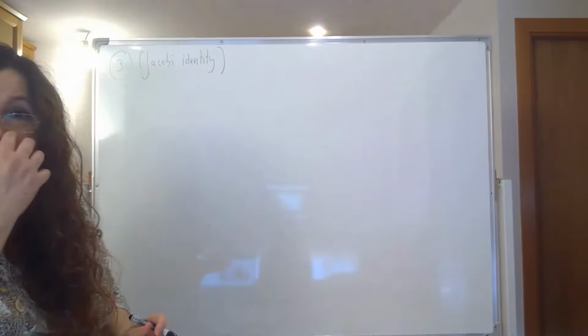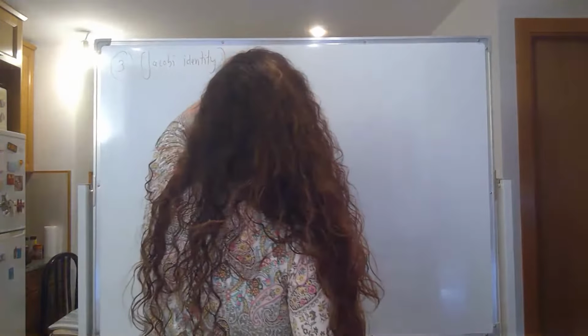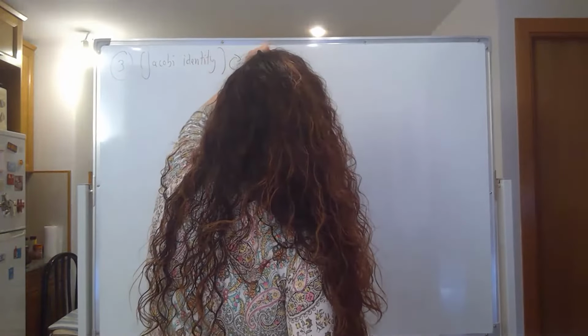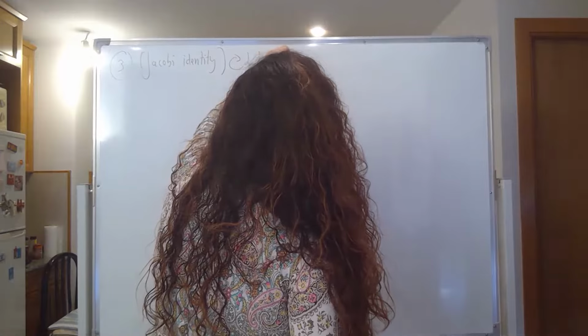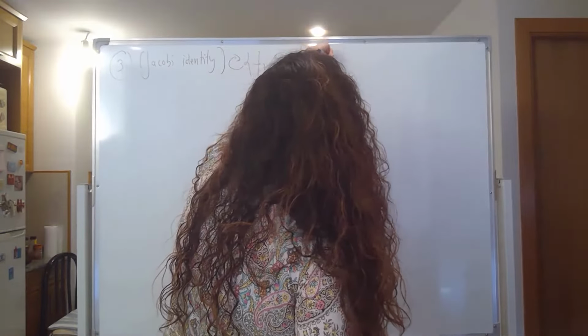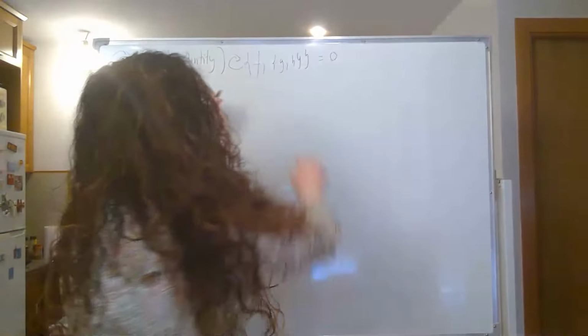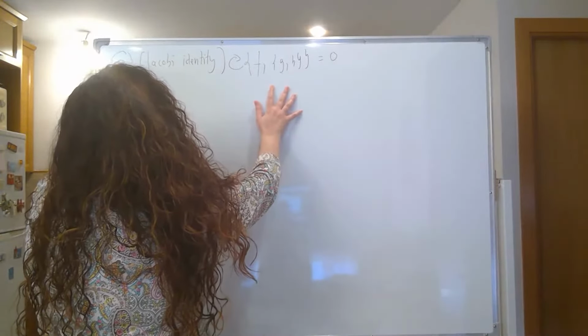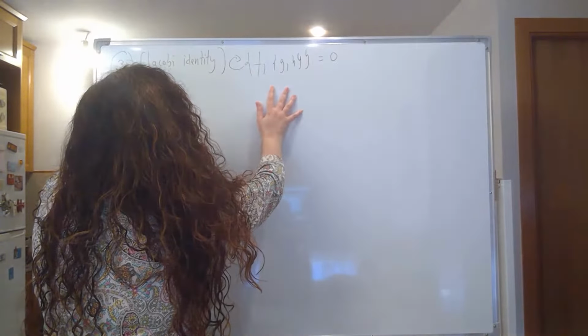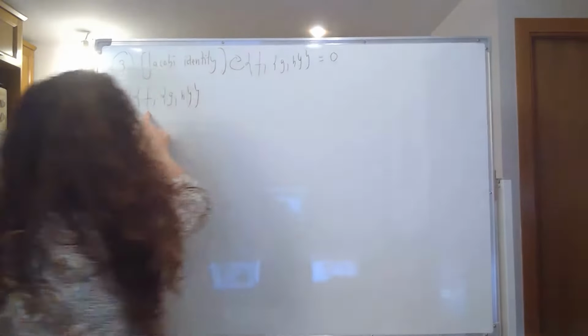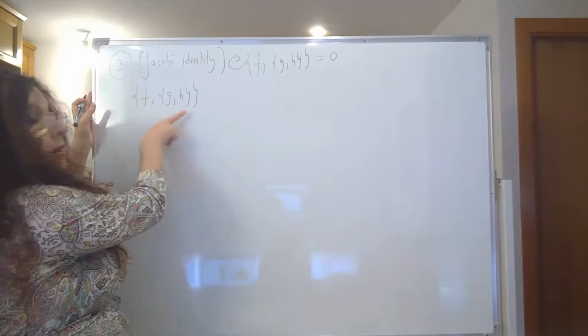Okay? And Jacobi identity is the formula that tells you that the sum, that usually you put like this, to call the cyclic sum, is equal to 0. This means that I can write this in the long way, and I'm going to do this as the bracket of {g,h} with f. And now you fix this element and you start moving.